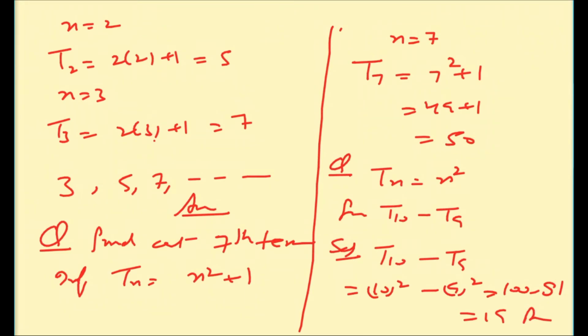So according to the given condition, if you don't know the name of the series, that's no problem. If the Tn term is given, according to the given conditions, you have to put only the value of n, and using the conditions you can find the nth term or any series. Okay, let's start one more question. Let the condition be given this way.